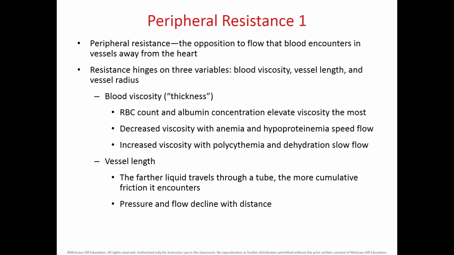Peripheral resistance is the most important factor that influences the blood pressure. So this peripheral resistance refers to the opposition or the resistance to blood flow that the blood encounters in vessels away from the heart. The arterioles will be the blood vessels where we have the greater resistance.